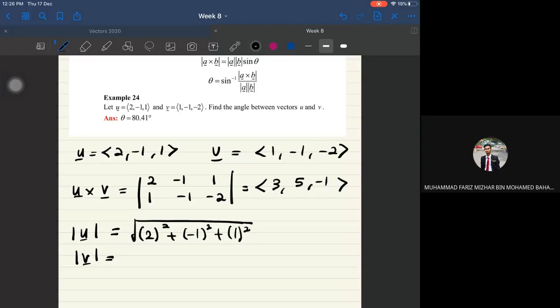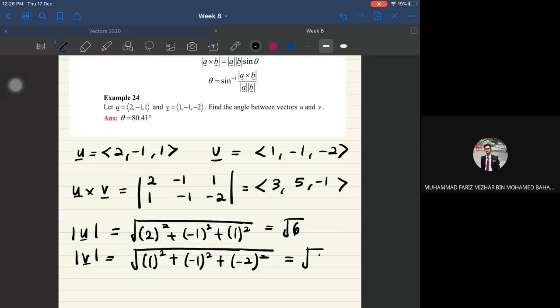So, 4, 5, 6. So, square root 6. Okay. The magnitude of V is equals to 1 squared plus negative 1 squared plus negative 2 squared, which is also equals to square root of 6.